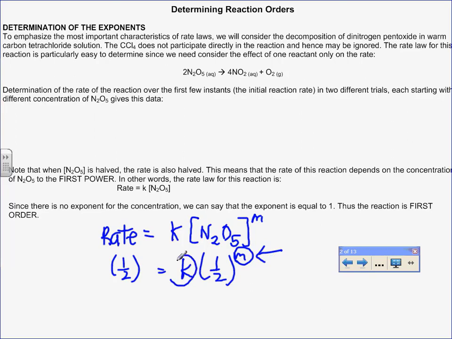The rate constant here is a constant. So we're looking at the connection between the concentration, the exponent, and the rate. So the rate law for this particular reaction is the rate is equal to the rate constant times the concentration of N2O5 to the 1. So for this particular reaction, it is first order in N2O5.